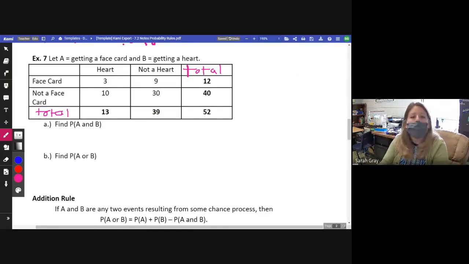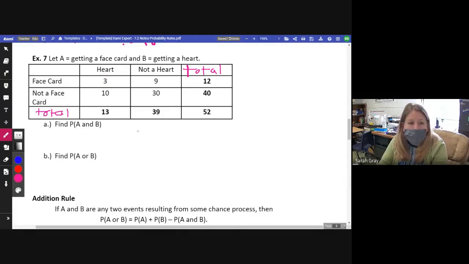Okay? How many cards in a deck are not hearts? 39. How many cards in a deck are hearts and face cards? 3.